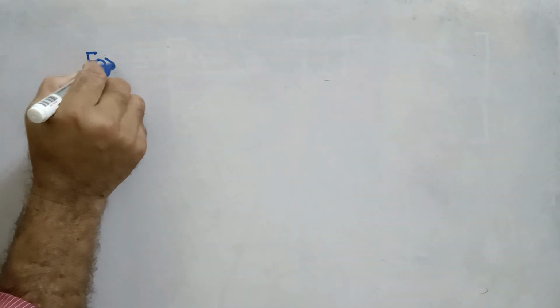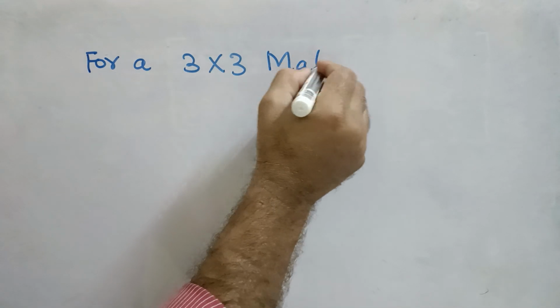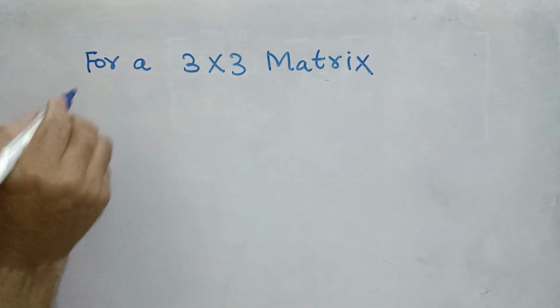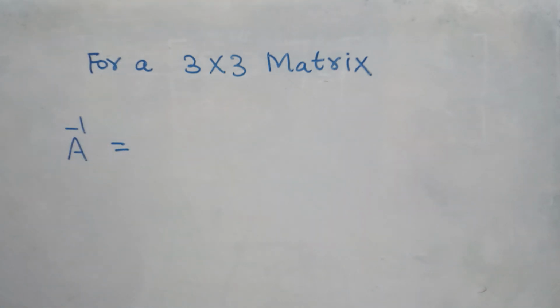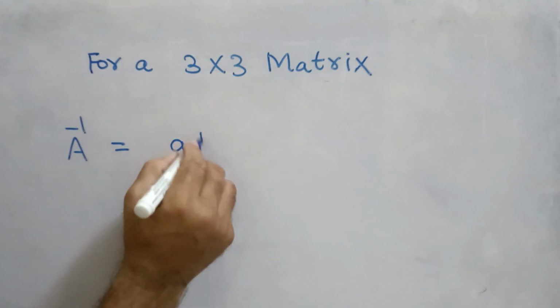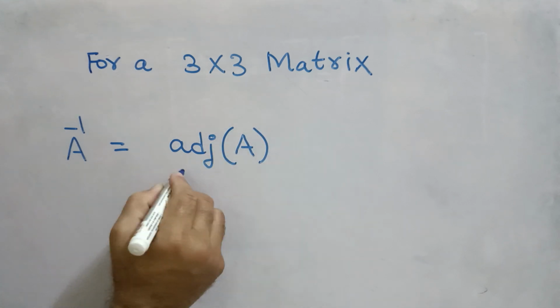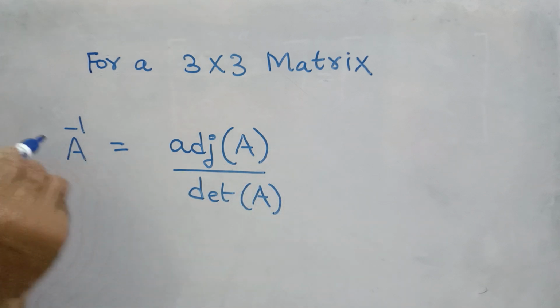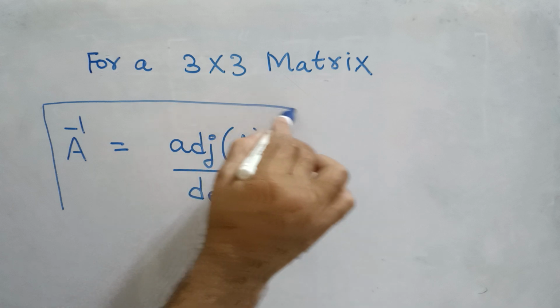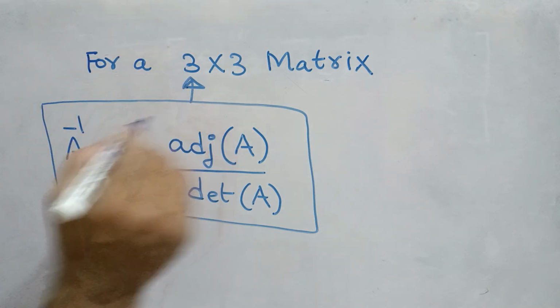For a 3 by 3 matrix, remember, the inverse is given as A inverse is equal to adjoint of A by determinant of A, where A is any given matrix. This is the formula, friends. This is the formula for finding the inverse of a 3 by 3 matrix.